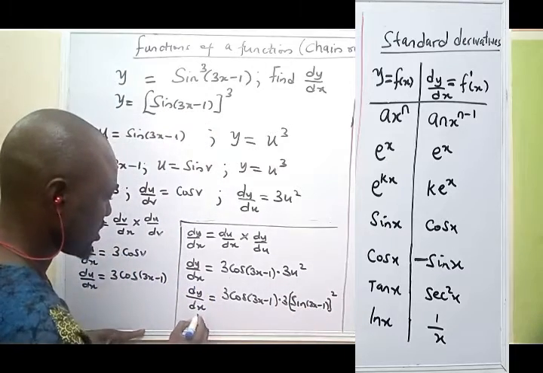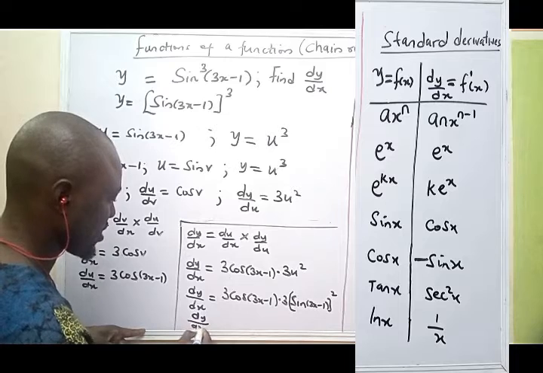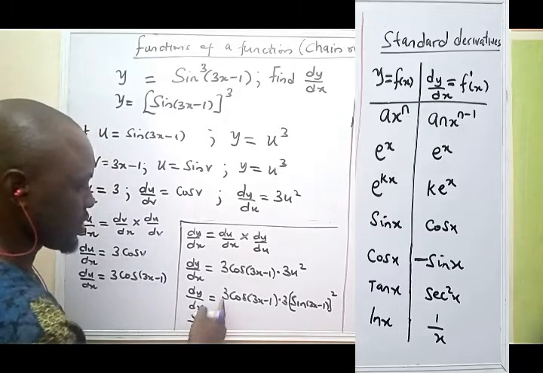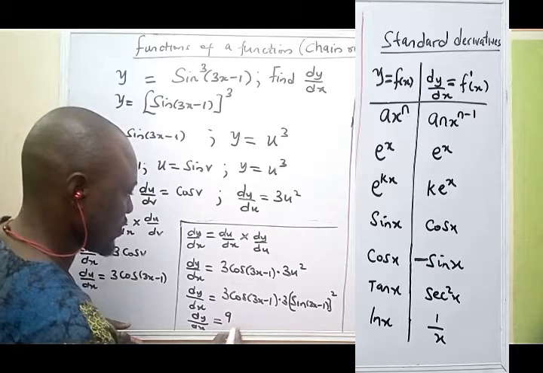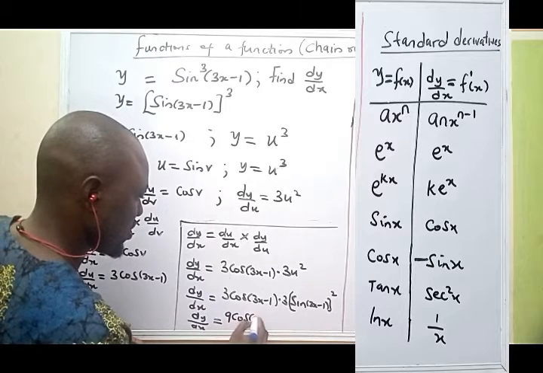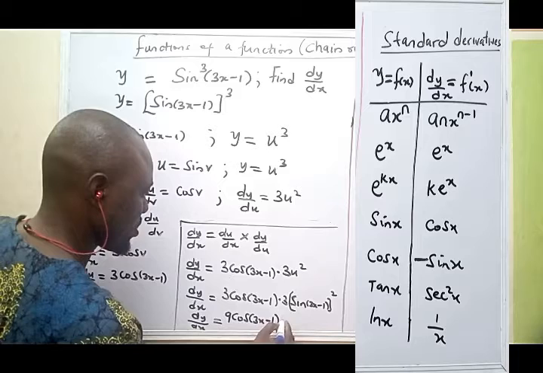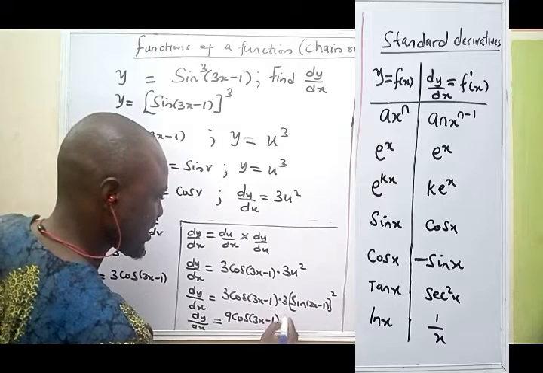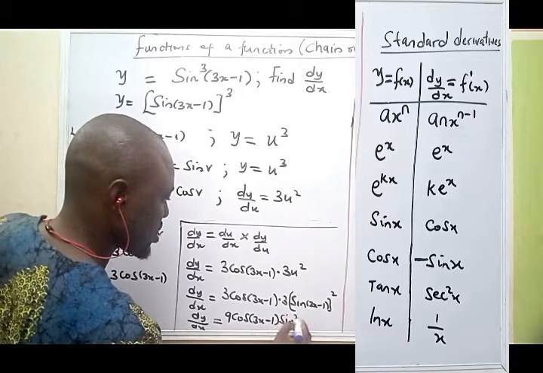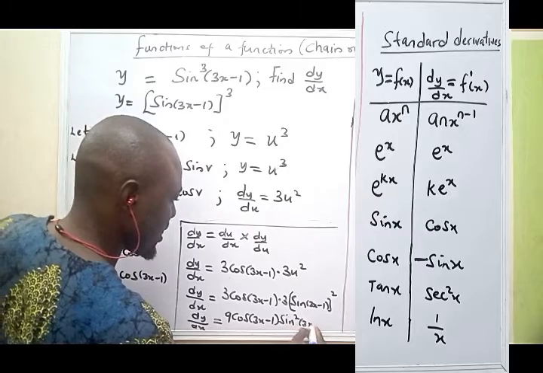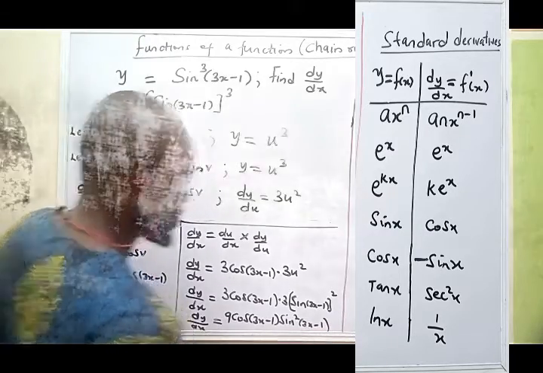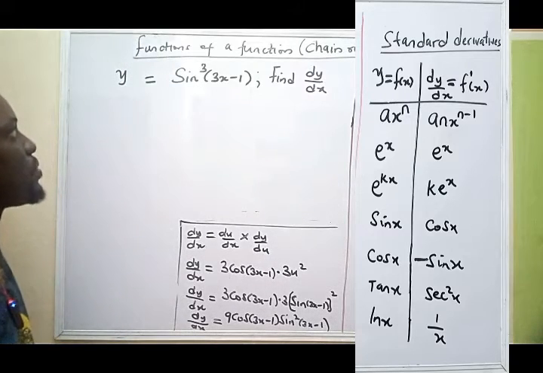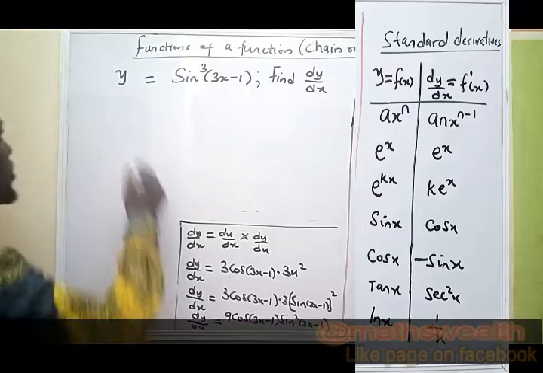So dy/dx will be, 3 times 3 is 9, so 9 cos (3x minus 1), then this is sine squared (3x minus 1). So that is it.